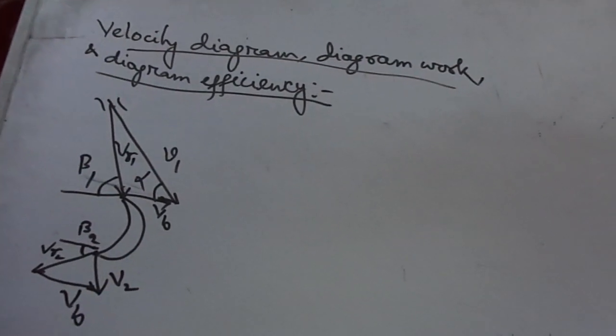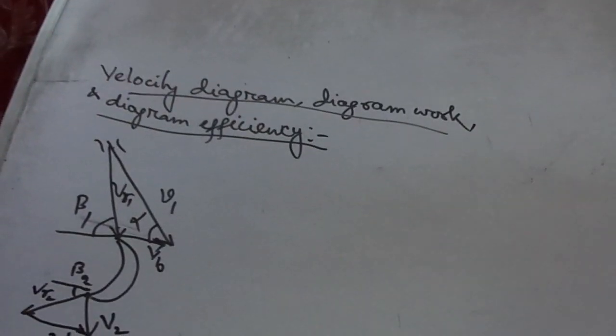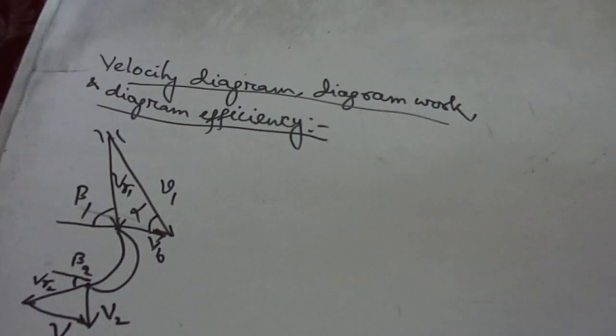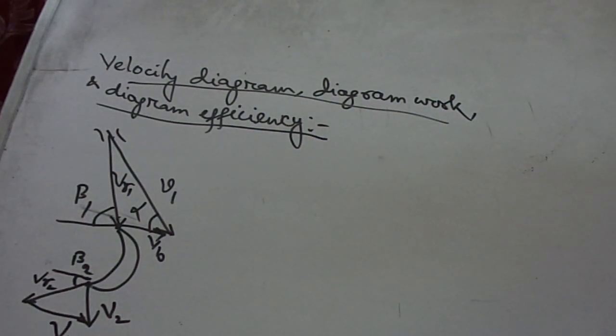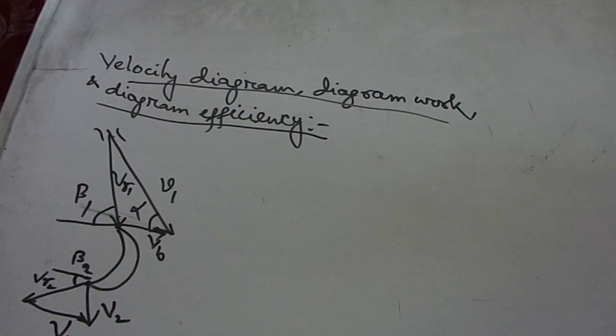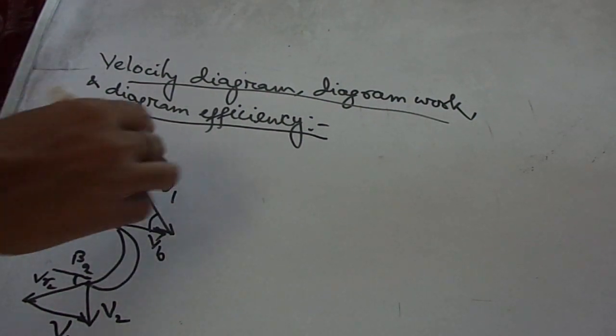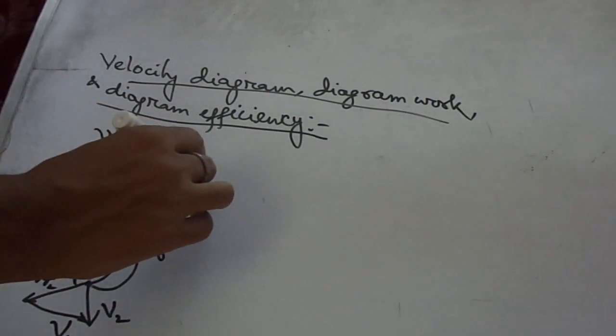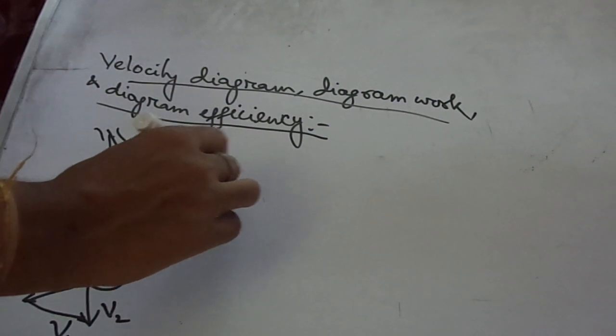Steam leaves the blade with relative velocity vr2, while its absolute velocity is v2. All of these are inlet conditions.